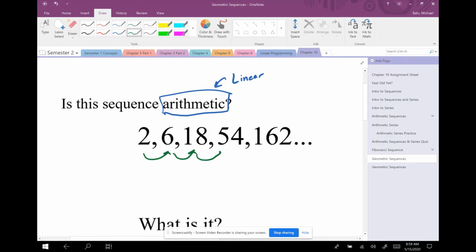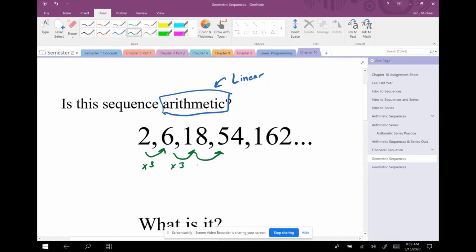It's not like from here it's being added by 4, but then it gets added by 12, and then 36, and so on. So it doesn't have a common difference. It seems like it has a common multiplier. So in other words, this is getting multiplied by 4, and then, I'm sorry, sorry guys, it's Friday. It's getting multiplied by 3.